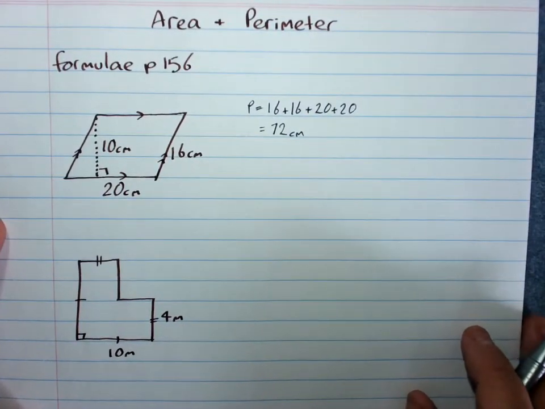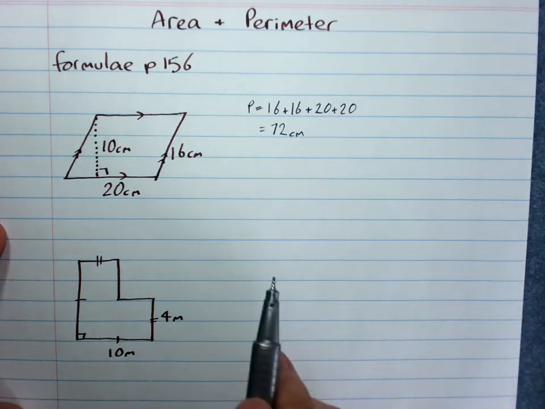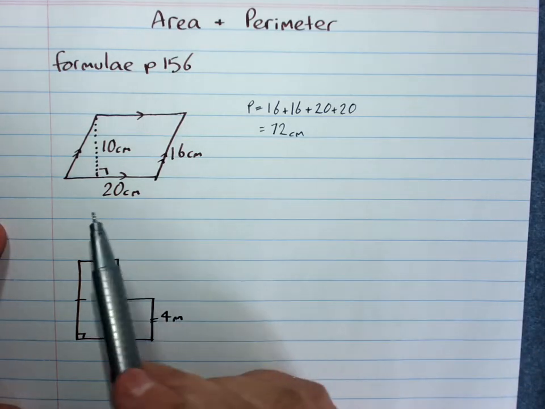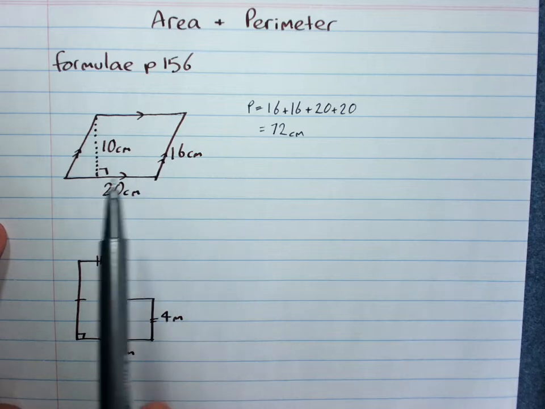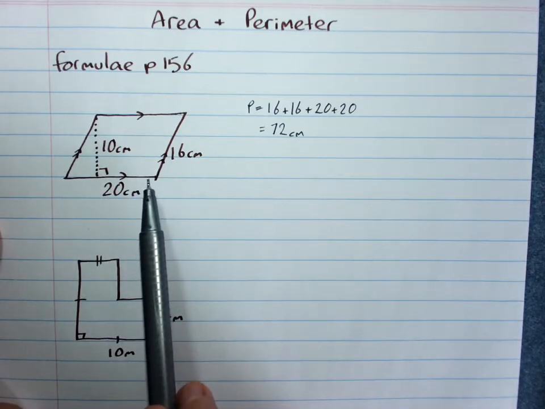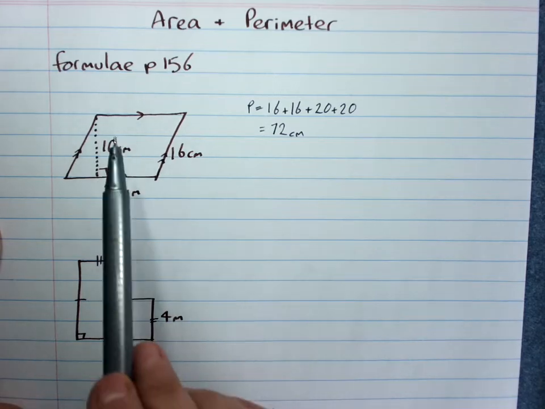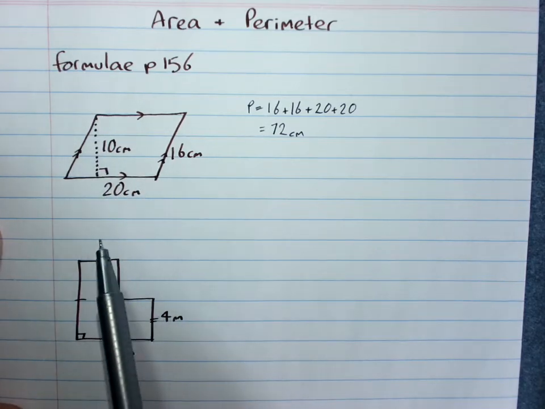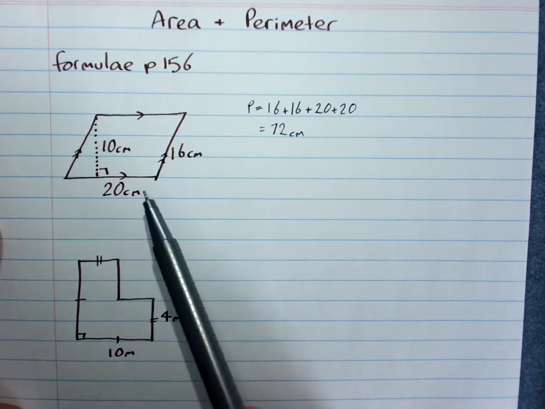Now for any area of a simple shape, you check that you have all the required lengths and that they're in the same units. For any straight-sided shape, if there's dimensions at right angles, those are going to be the dimensions you want for the area.